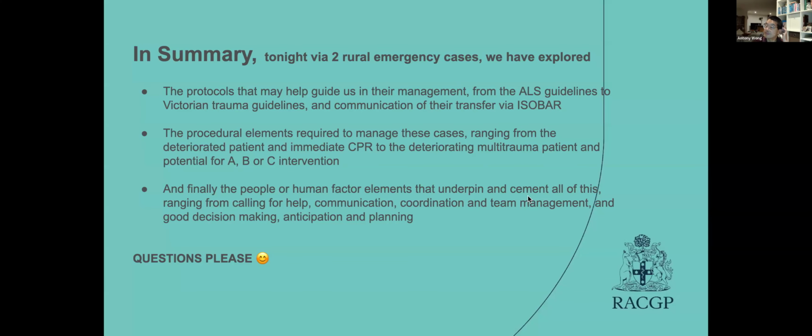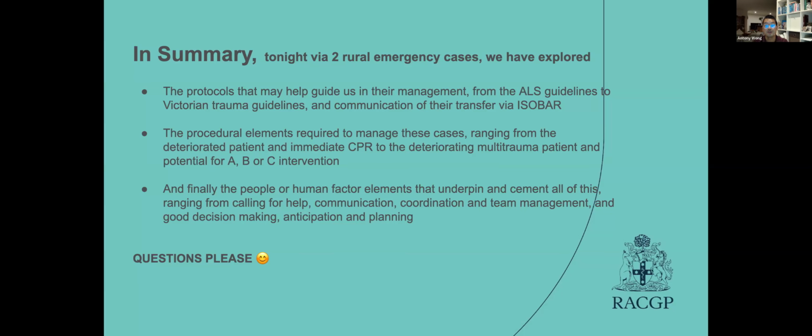So in summary, tonight via 2 rural emergency cases, we have explored the protocols that help guide us in their management, from the ALS guidelines to Victoria trauma guidelines, and communication of their transfer by an ISOBAR framework. The procedural elements required to manage these cases, ranging from the deteriorated patient and immediate CPR to the deteriorating multi-trauma patient and potential for A, B, or C intervention.